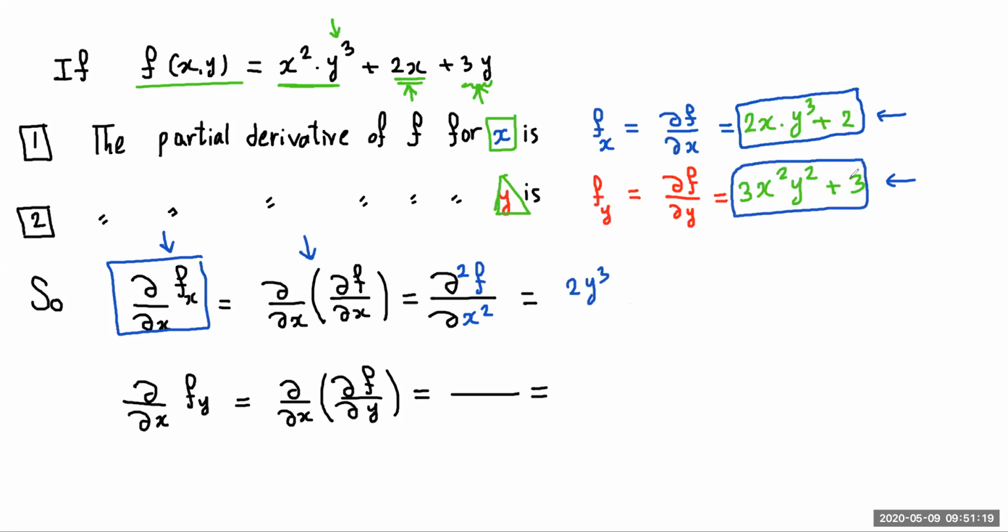So I will calculate the derivative with respect to x, so y as constant. So it will be derivative of x power 2, 2x times 3, 6x, y power 2, and derivative of 3 is 0. Also, we can use this notation like this, d2 f over dx dy.